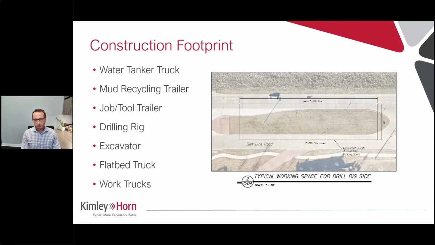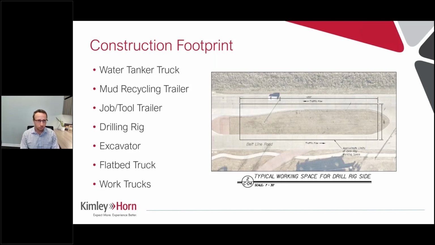And just given the limited working space we had, we wanted to make sure we really defined the footprint for the contractors as they were bidding this project. And so we included details like this in the plans that showed, these are the limits you have for working space and for the drill pit, the entry pit, and all the different equipment and things that you were going to have as part of the process.